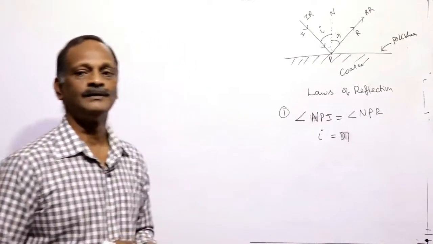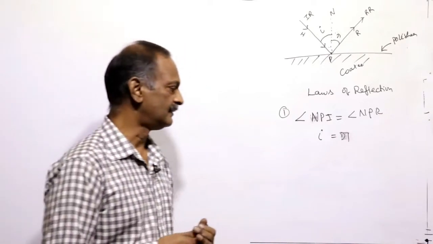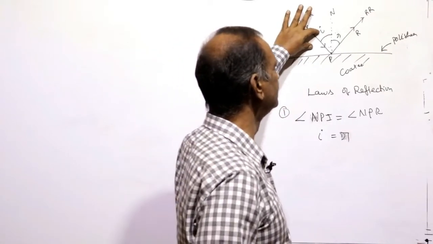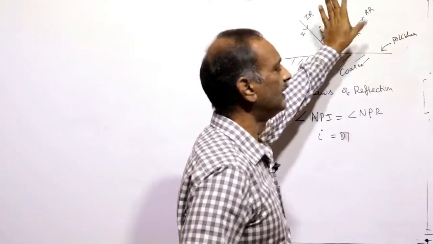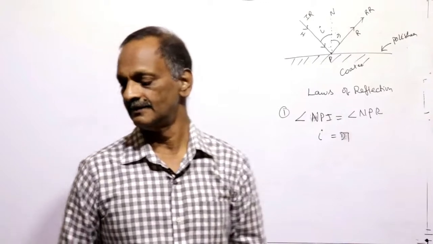The second law, what does it say? The second law says the incident ray, the normal and the reflected ray all lie in the same plane.